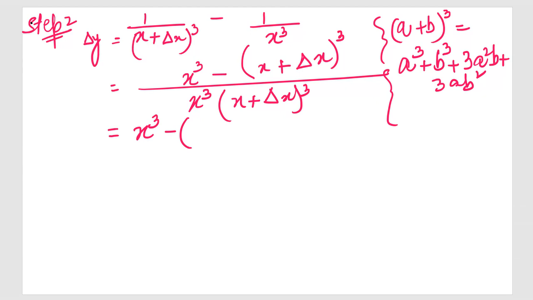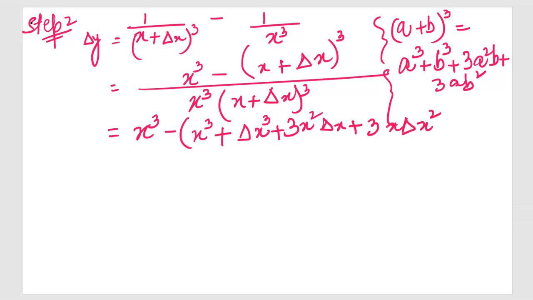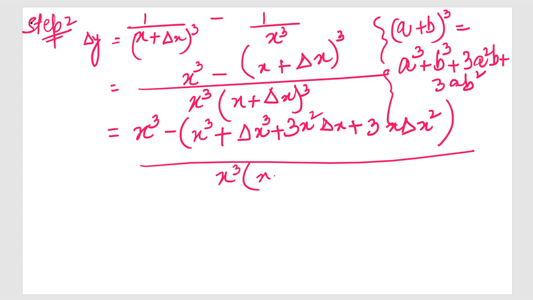You have to do the same operation here. Instead of a we have x, so it will be x cube. Instead of b we have delta x, so it will be delta x cube plus 3x square delta x plus 3x delta x square. This is the same formula. In the denominator we have x cube into x plus delta x whole cube.